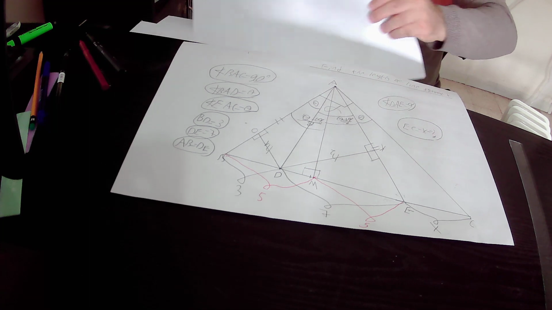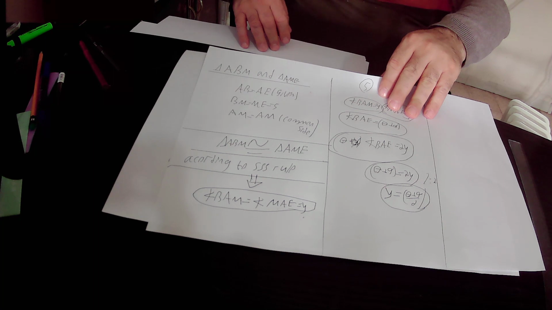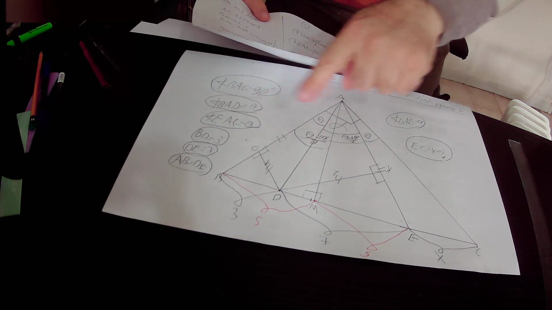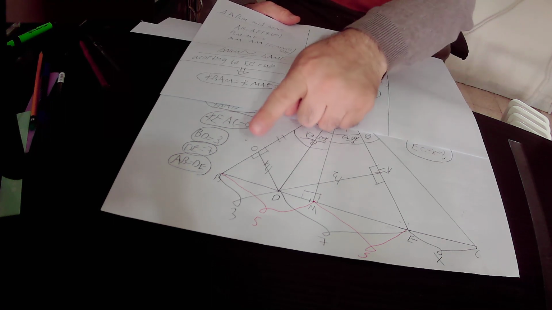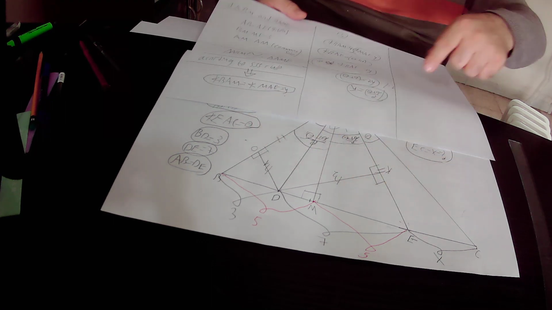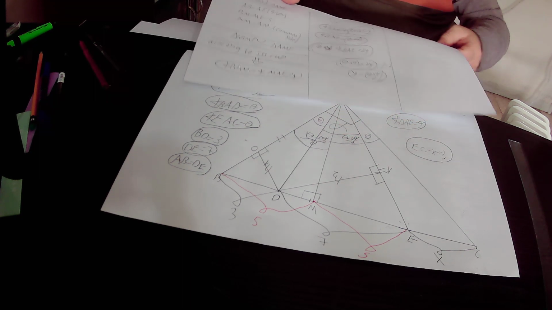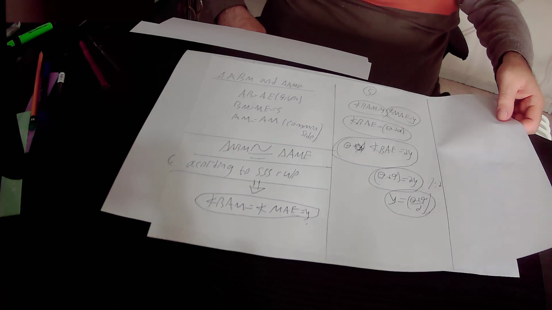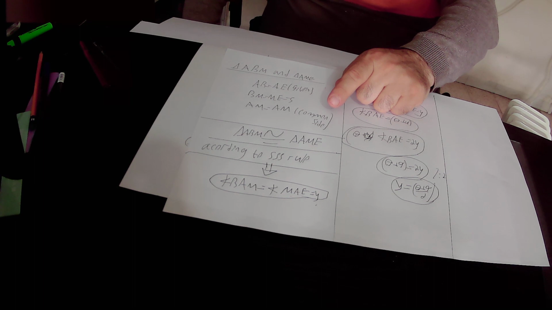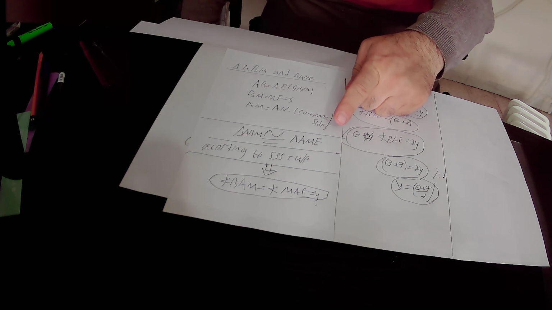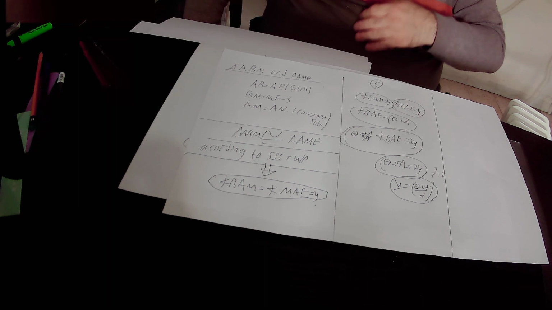Why can those two triangles go into each other? Because AB equals AE according to what is given in the question. We have already found out that BM equals ME equals 5 units, and AM is a common side, so it equals itself. So we found out that triangle ABM can go into triangle AME according to the side rule.